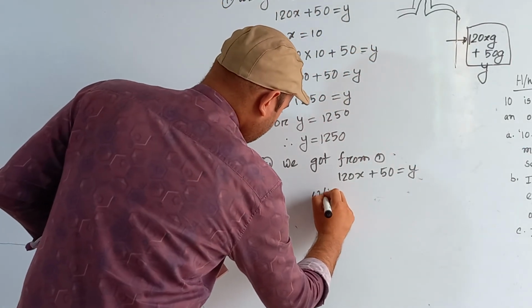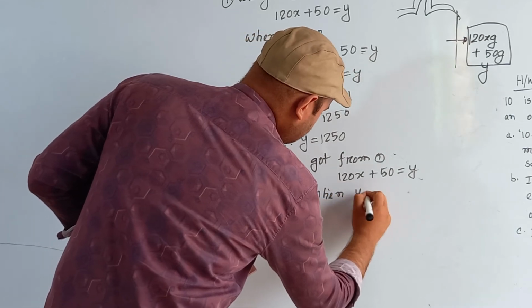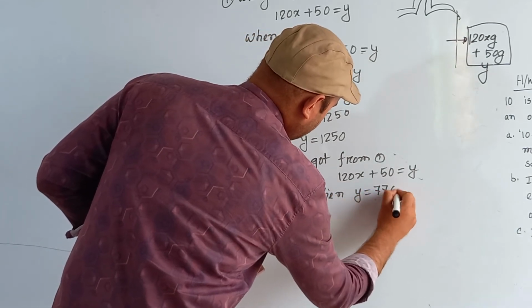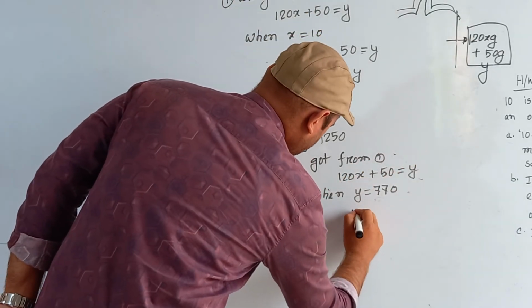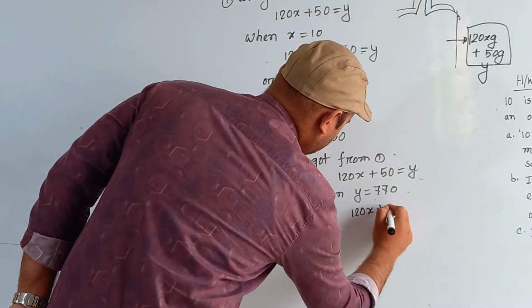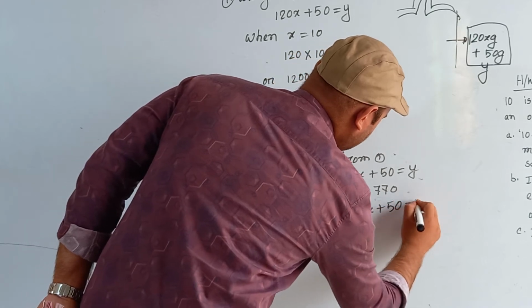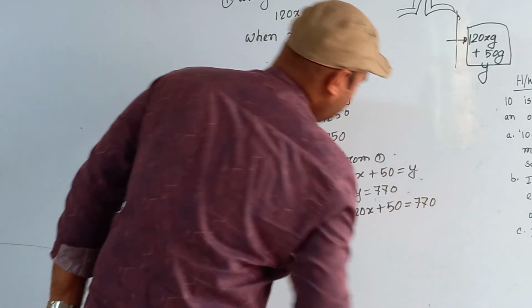Therefore, when y is equal to 770, now we have to put the value of y in here. It will be 120x plus 50 is equal to 770.